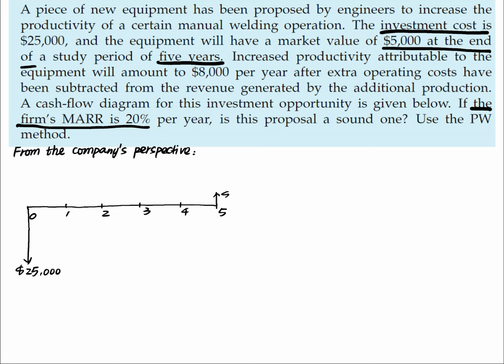And at the end of the 5th year, you can sell it at 5,000. That's your receiving. And every year you can save a net receiving of 8,000. So that's 8,000 going upward.